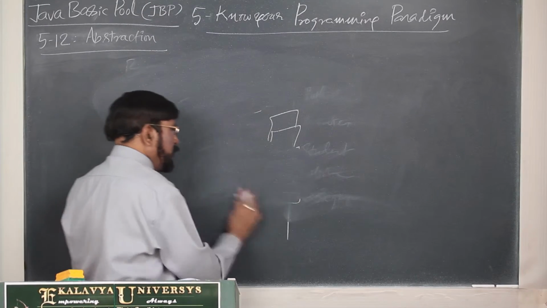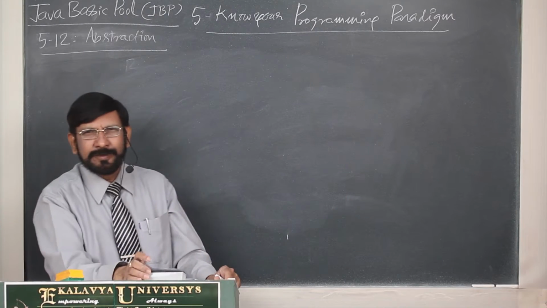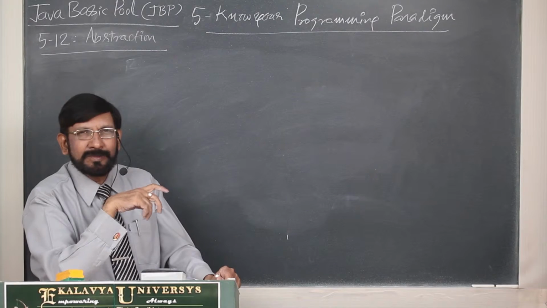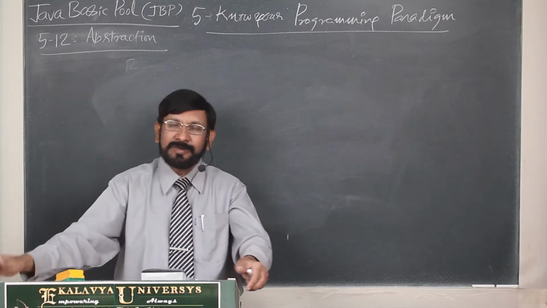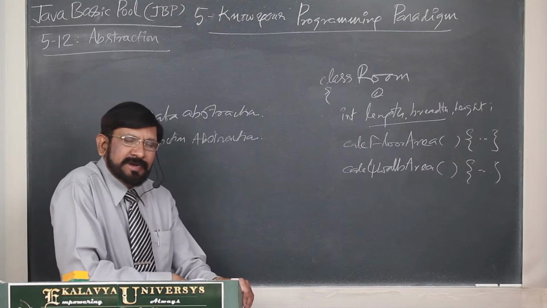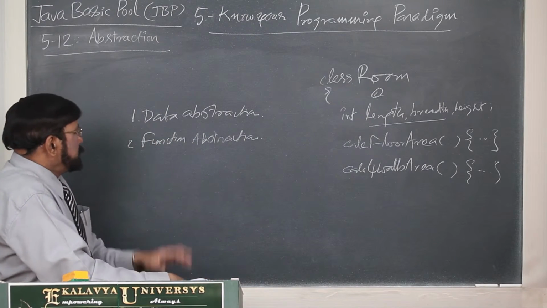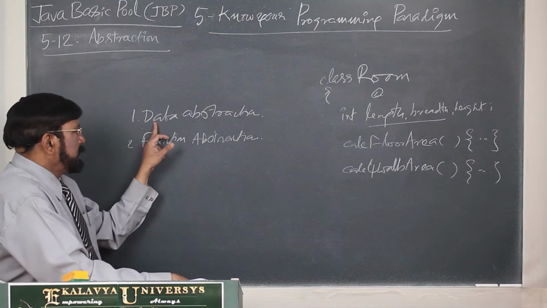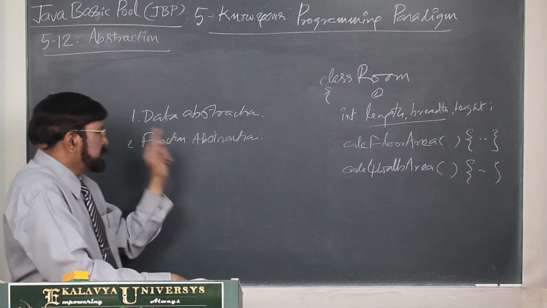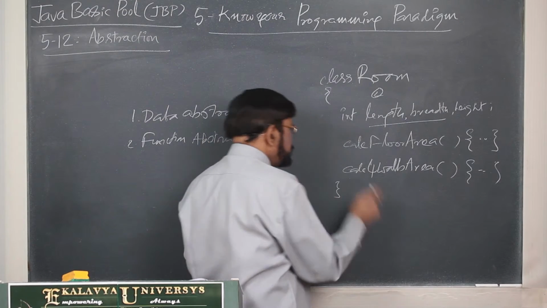Thereafter, let us come to how it is applicable to programming. A simple example I give you. Through this example, you can crystallize this concept very well. After understanding the concept of abstraction thoroughly, I am introducing two terms which are relevant in programming: data abstraction and function abstraction, with reference to the room class.